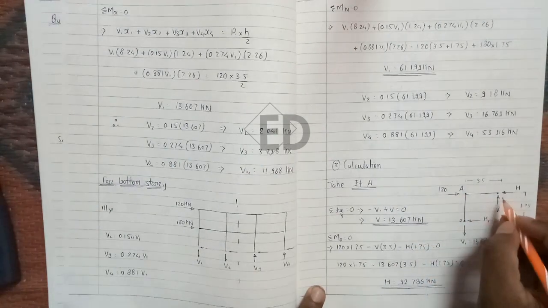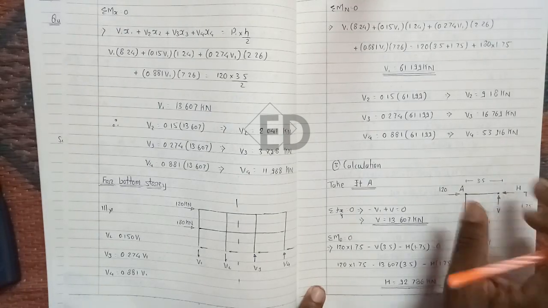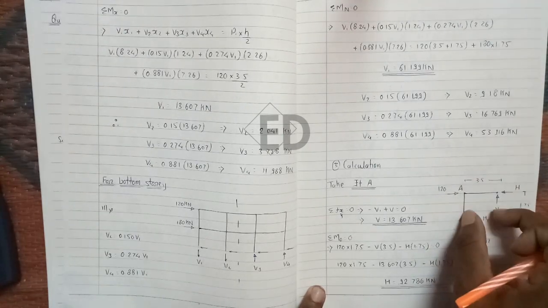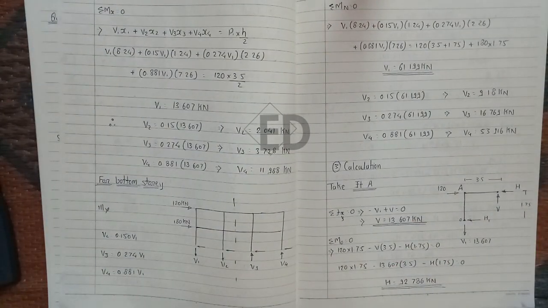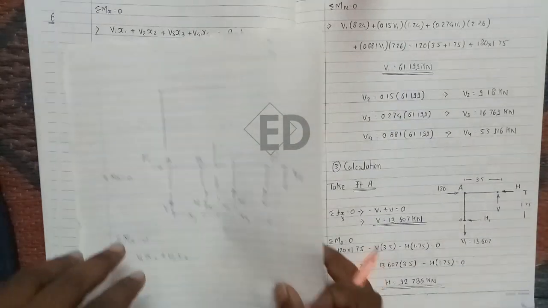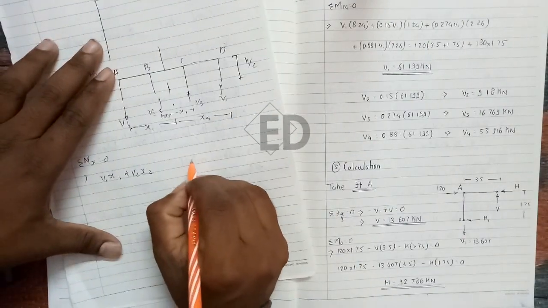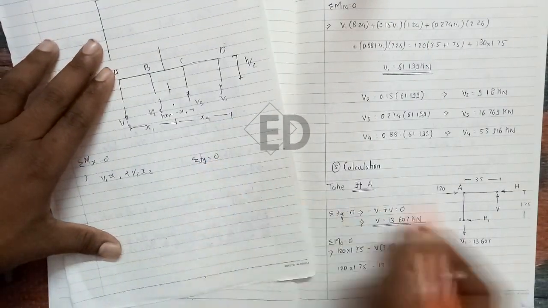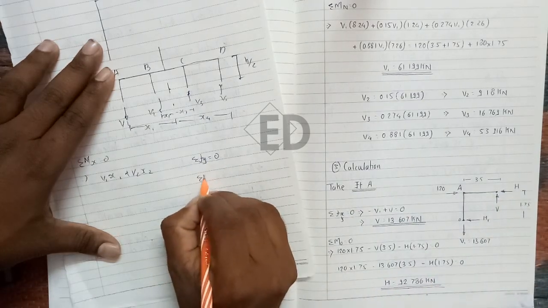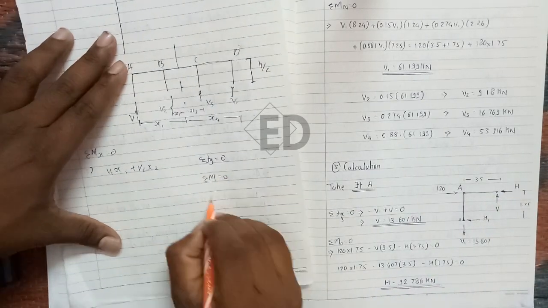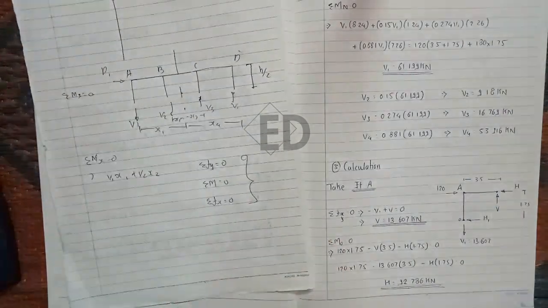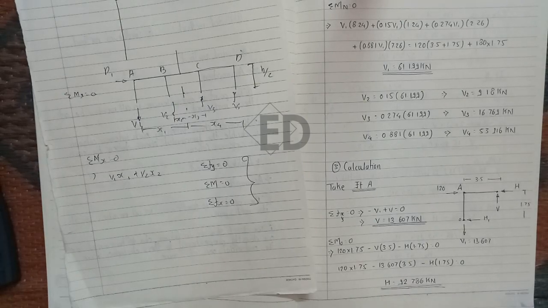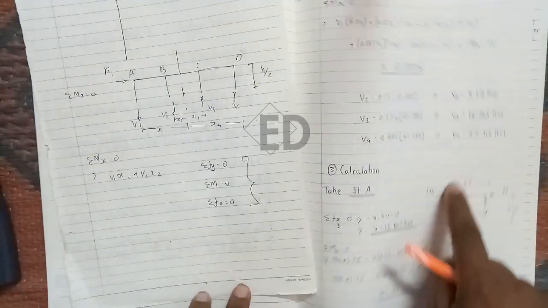That's why this is the shear taken by the beam and this is nothing but the shear taken by the column. These are the axial forces, and this is the outward force. So keep it clear in your mind, we have to take only three operations, that is firstly summation of Fy equals 0 on this joint, summation of moment equals 0, and summation of Fx equals 0. By only doing these three steps we are able to calculate all the forces on this joint.